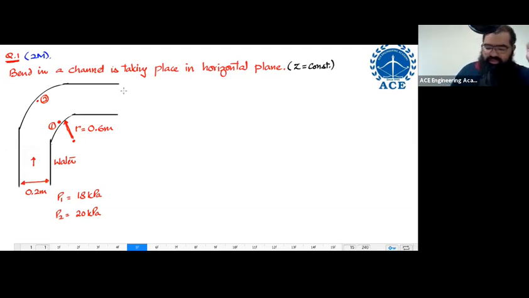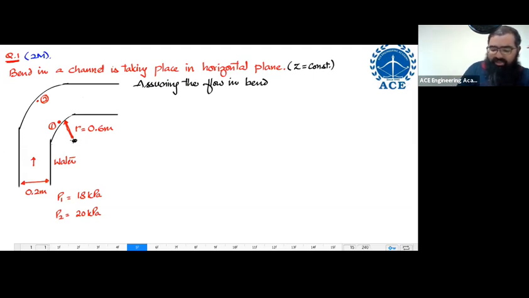The question further says, assuming the flow in the bend. Now you see, when the fluid is flowing in this particular bend, at that particular motion, it is observing some kind of vortex motion about this axis.